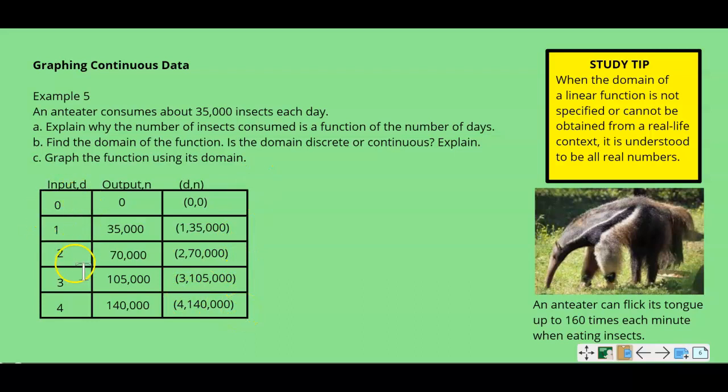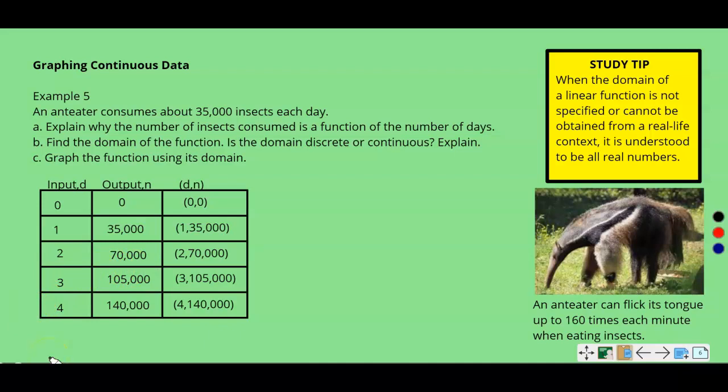And again, if you wanted to make a table that went even further, you could. I mean, you could do 5 days, you could do 10 days, you could do 365 days. But what we want to do is just get a few points so that we can determine if this is a linear function or not, and look at the graph and see what it would look like on the graph.